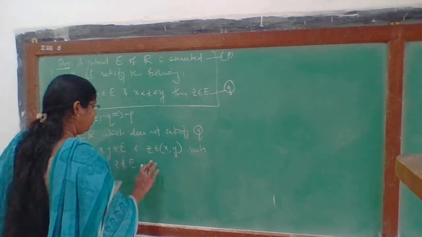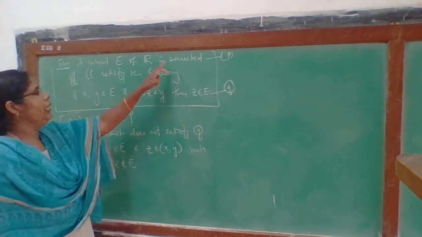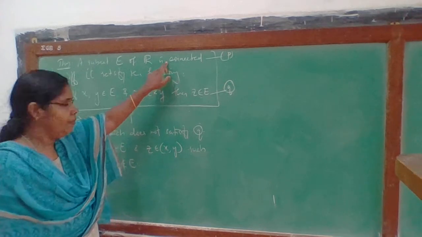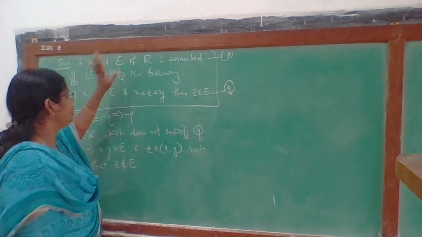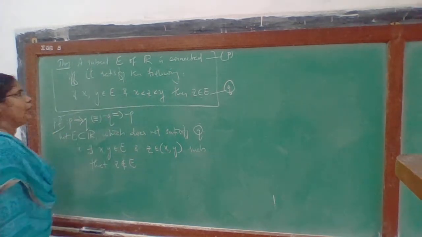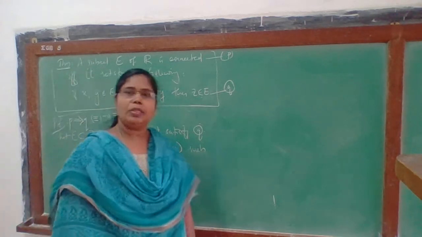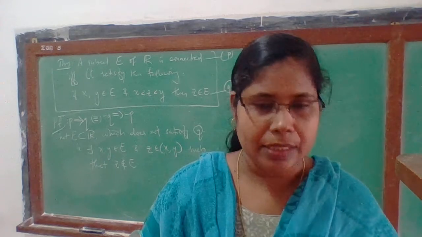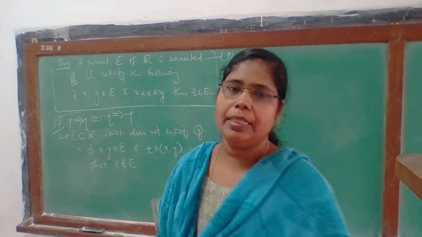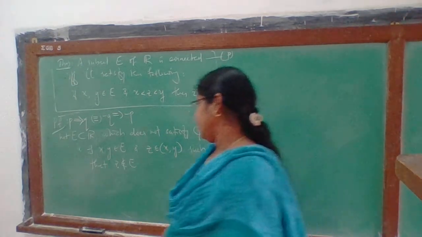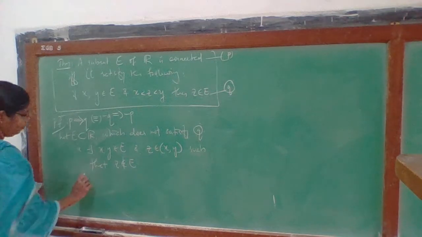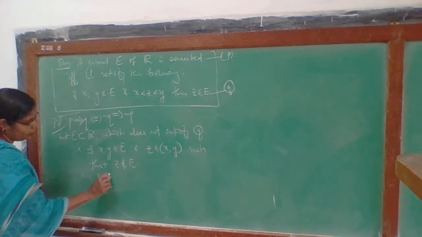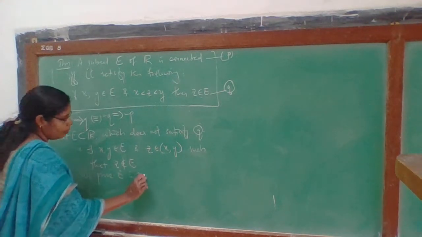So we want to get that P also cannot hold. Okay, we want to prove that P is not true. That means the set E is not connected. P is not true means the set E is not connected. So here we prove E is not connected.